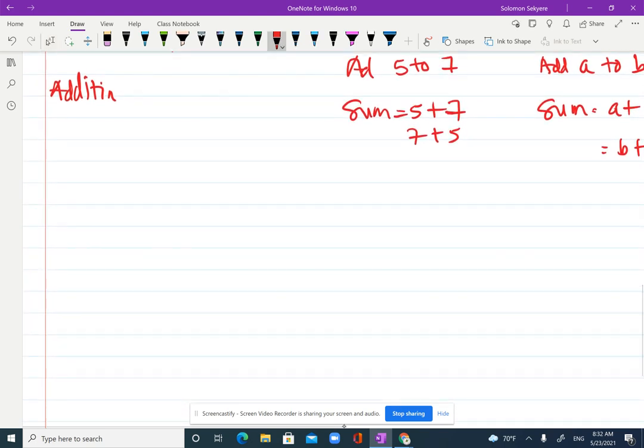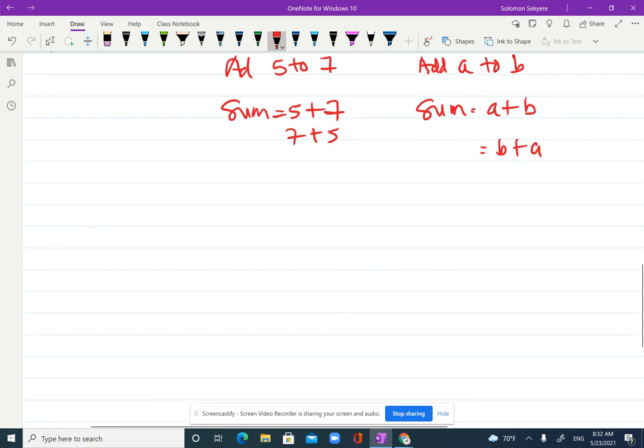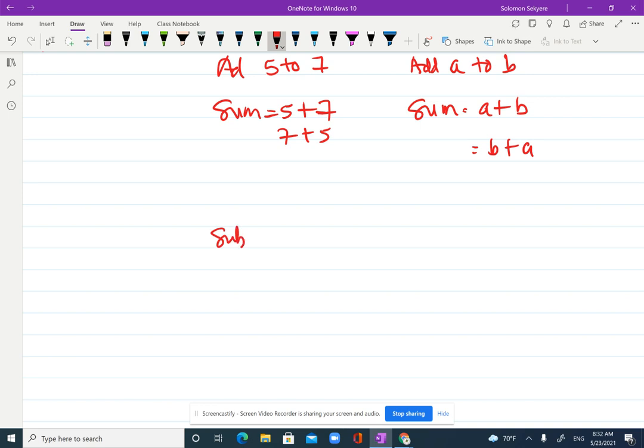Let's do something about subtraction. Let's say subtract 9 from 20. Subtraction is called difference.